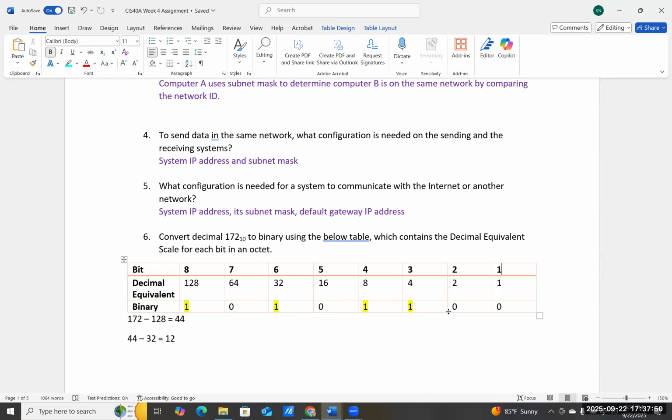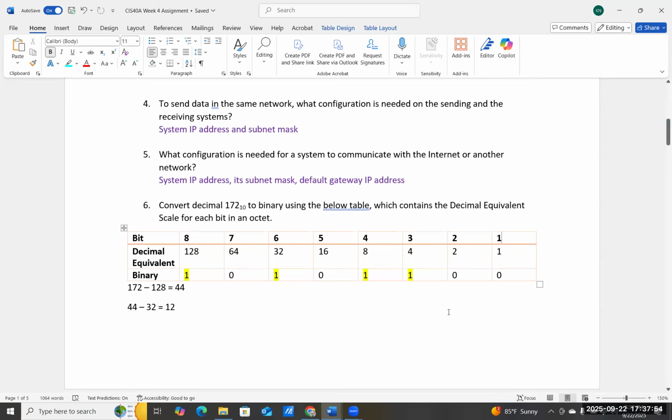You're going to try to see if you can subtract the next value. So 44 is smaller than 64. I cannot subtract, so I skip it and put a 0. Whenever you cannot subtract, that means that bit is off. The signal drops. So with 44, I go down the line.